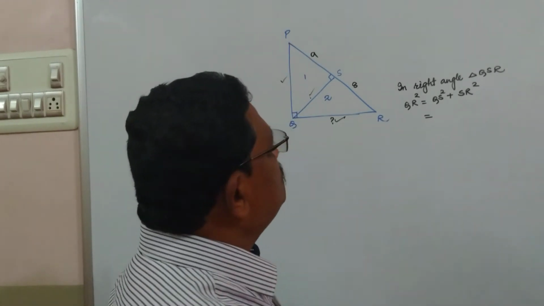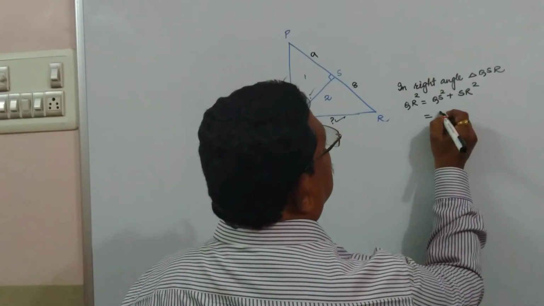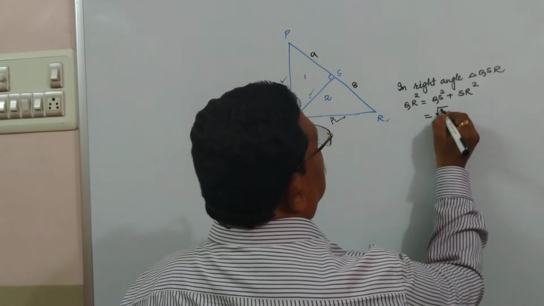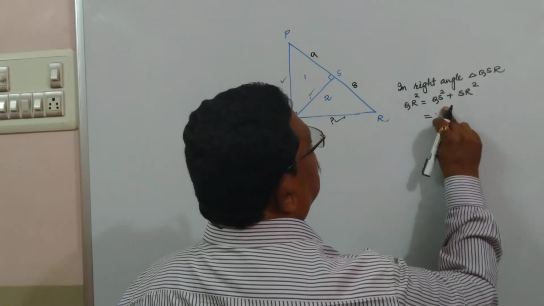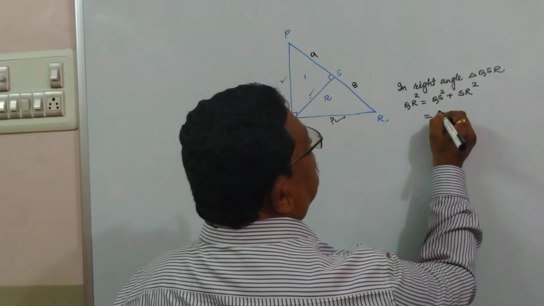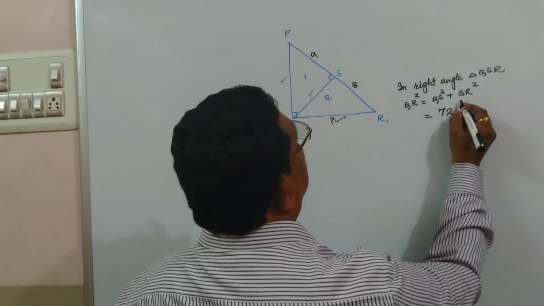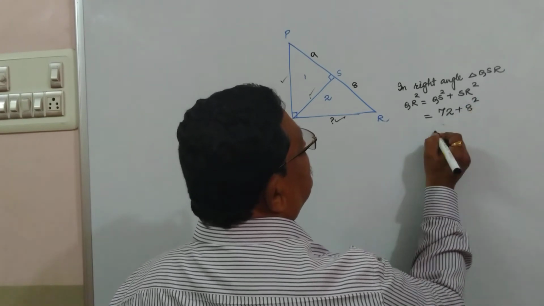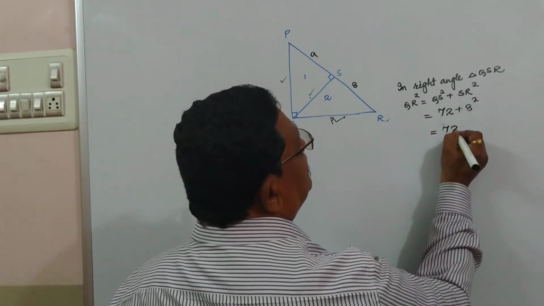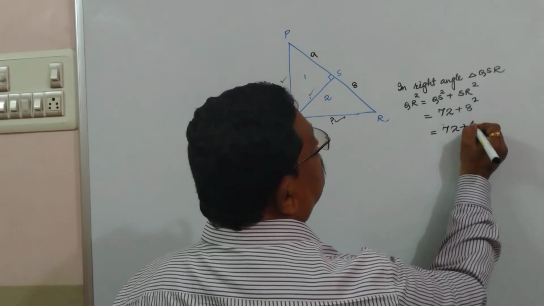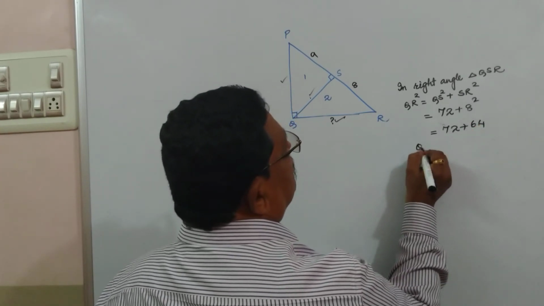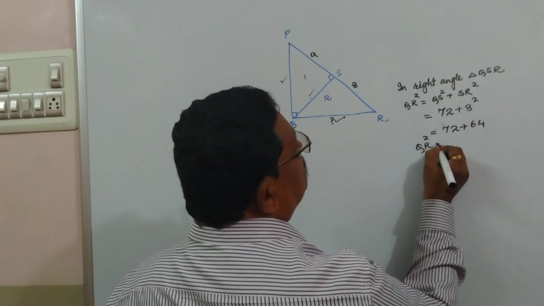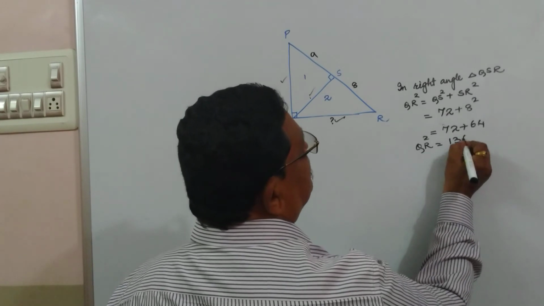QS is 6 root 2, so its square is 72, plus SR is given as 8 square, which is 64. Hence 72 plus 64 will give me the value of QR square, which is 136.